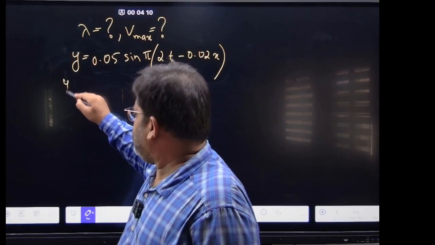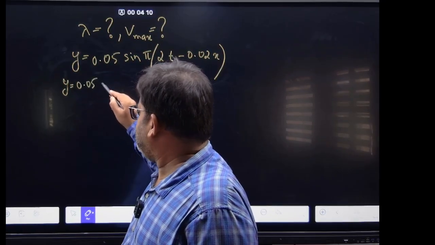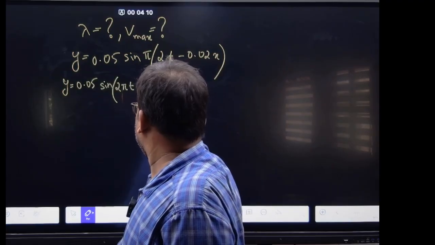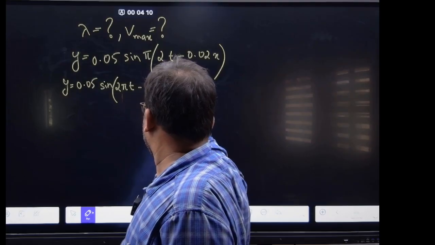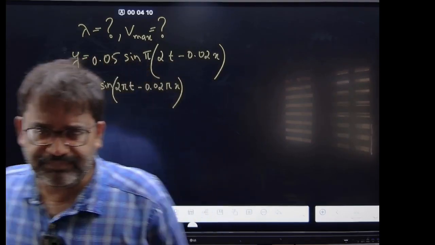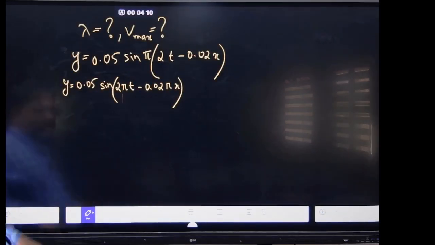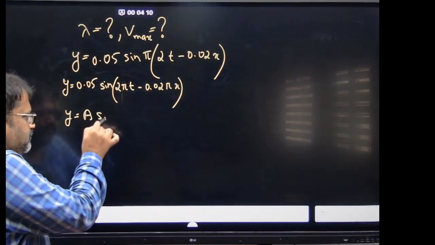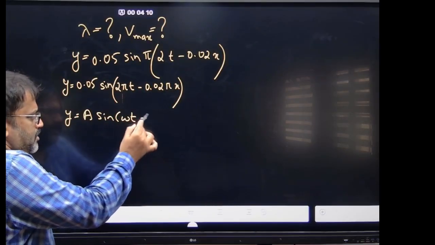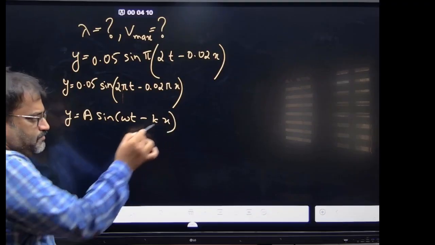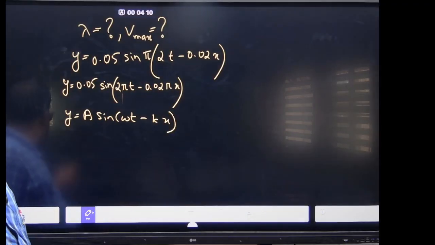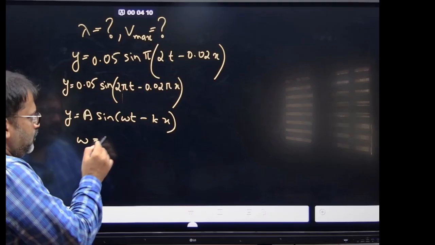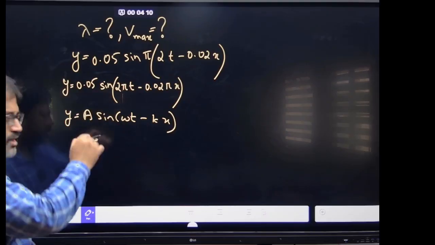Now let me take pi inside. Good. Now, let us compare this with the equation y is equal to a sine (omega t minus kx). Remember, when I compare both, omega is equal to 2 pi.